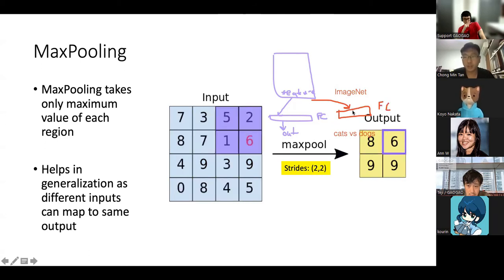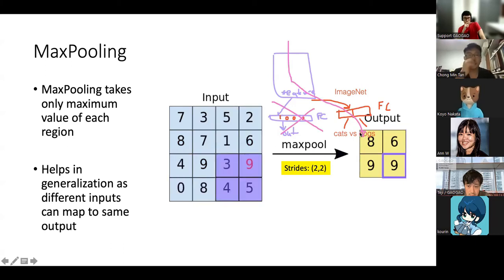Over here you have only two nodes, one for cats and one for dogs. The initial one is 1,000 different outputs because ImageNet has 1,000 classes. So if you want to do transfer learning, we delete away this last layer, and instead we train our network through this layer.